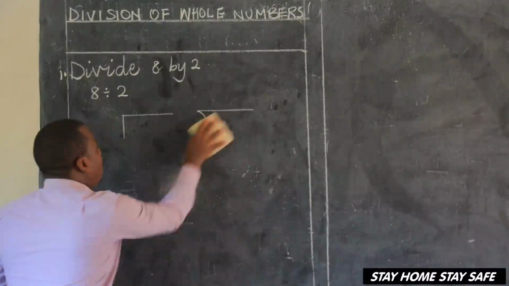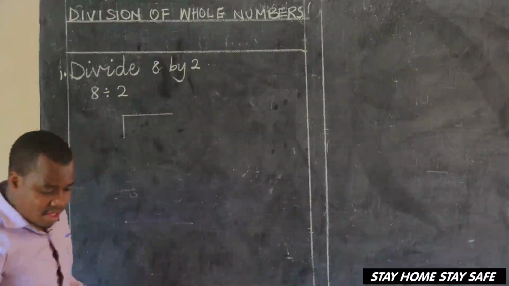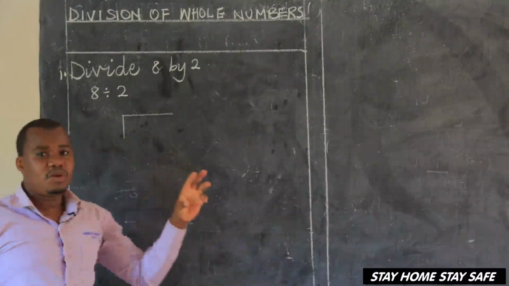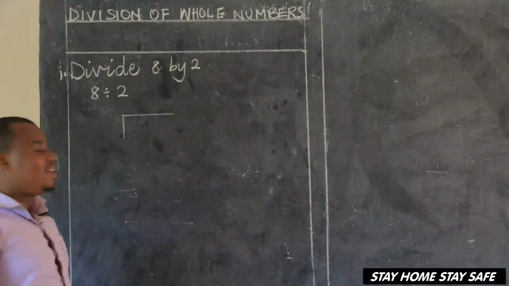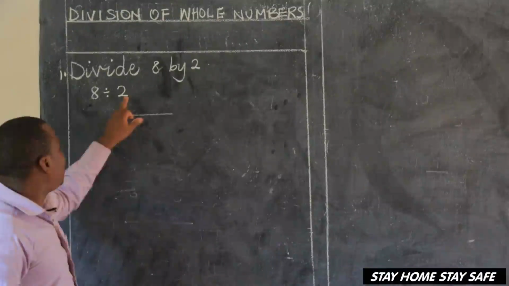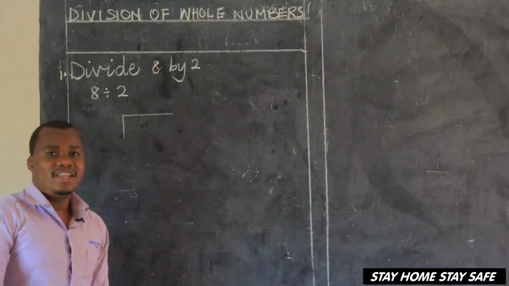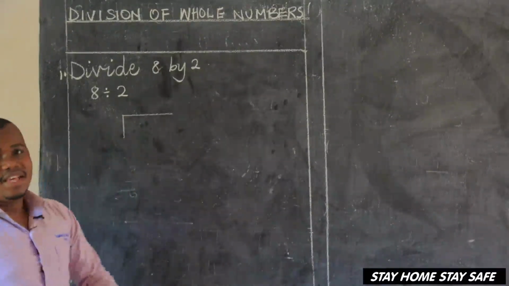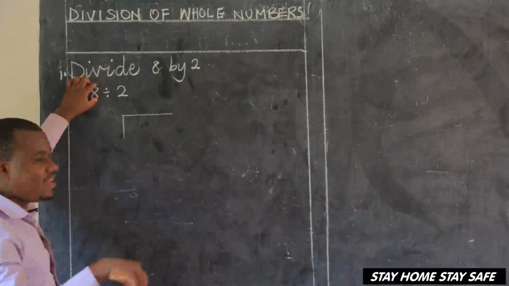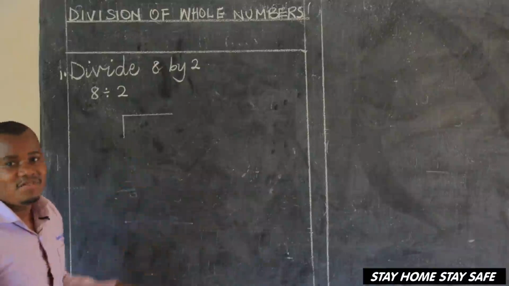Then when we are dividing here, we have two numbers here. Now we have what we call a divisor, then we have what we call a dividend. Now of these two numbers, which one is the dividend and which one is the divisor? The first number that you are dividing is called a dividend.